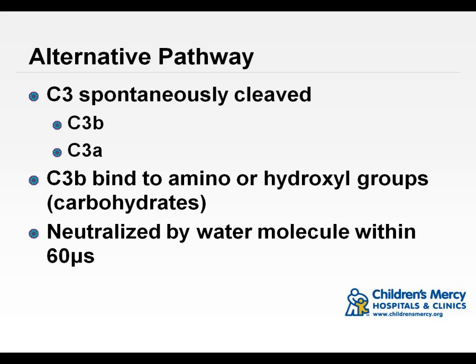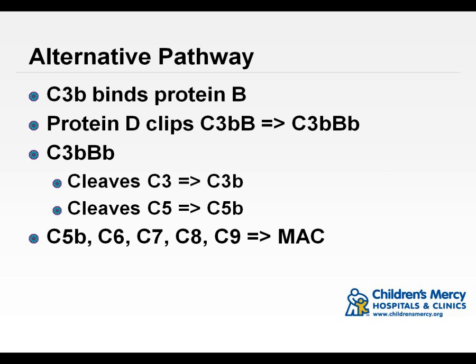If it doesn't see a carbohydrate, it's going to be almost instantaneously neutralized. If it successfully binds, though, then something called factor B, which is just floating around in your body like C3, the C3b will then bind to factor B. And something called factor D clips that B, so then you have a complex called C3bBb.